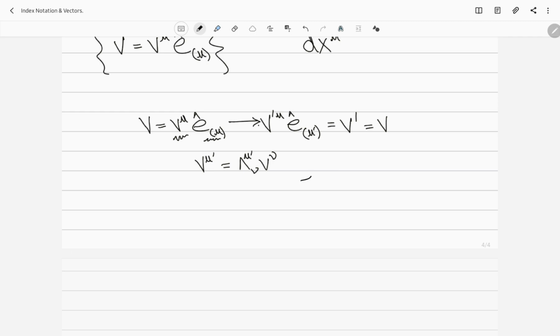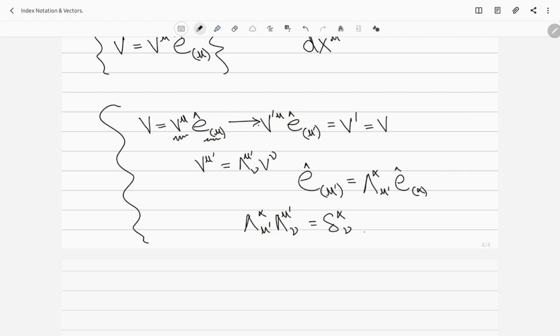then we have e hat mu prime is equal to lambda alpha mu prime e hat alpha, right? That's how the bases transform. And we have this lambda alpha mu prime contracted with lambda mu prime nu is equal to this delta function alpha nu.